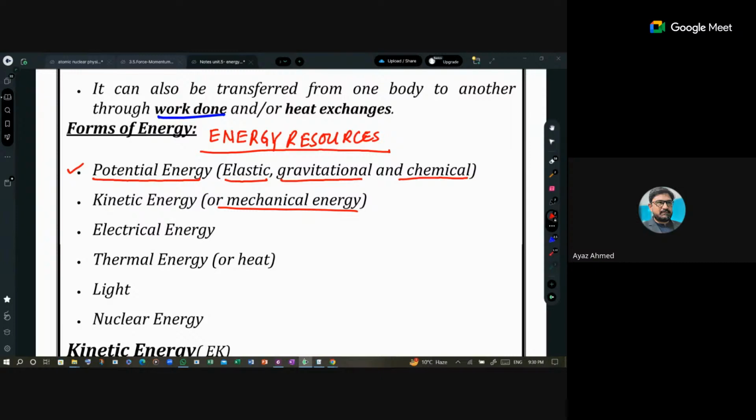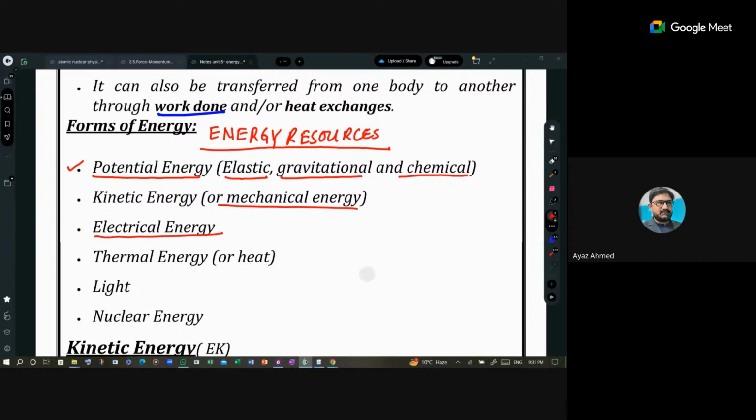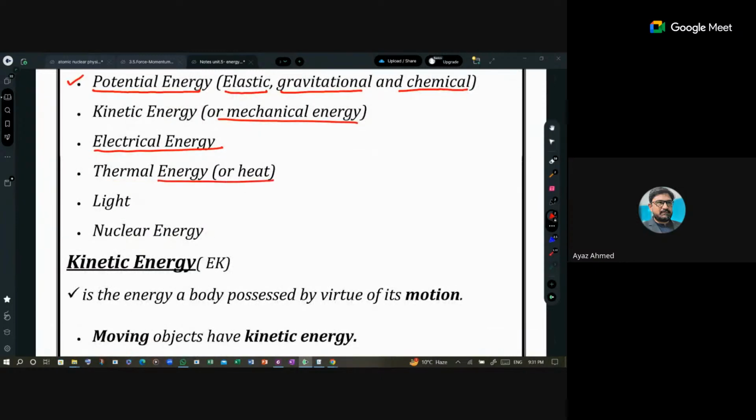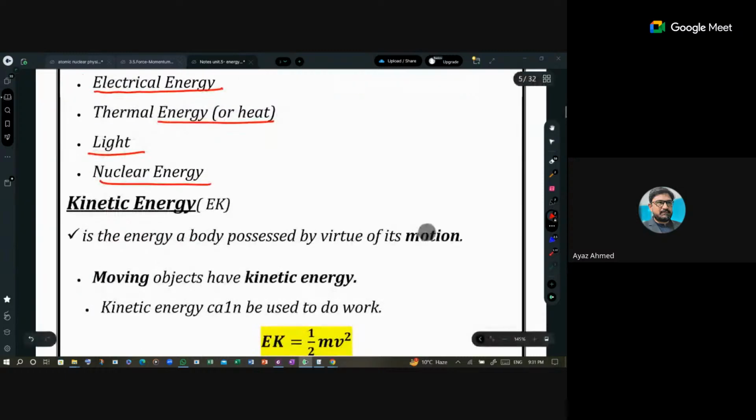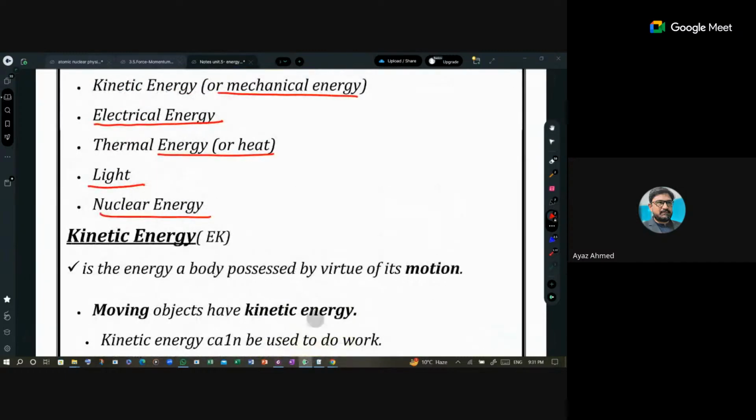Then electrical energy, due to flow of charge or current. Then thermal energy due to heat. Then light, nuclear, geothermal. There are so many, but mainly the calculations are in kinetic energy and gravitational potential energy. And from electrical quantities, there is electrical energy. When I reach that point, I will explain it to you.